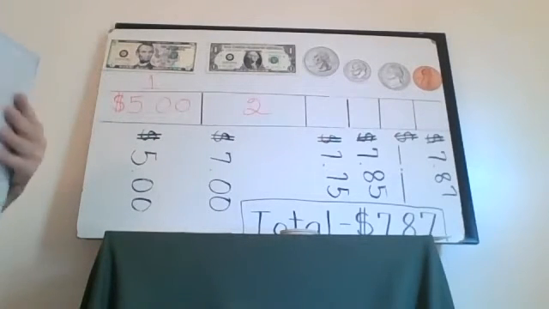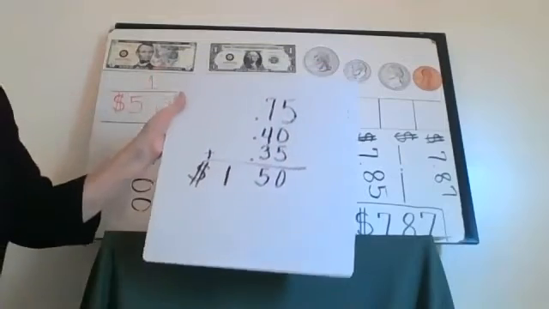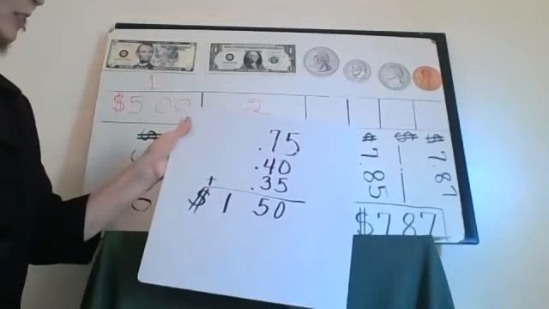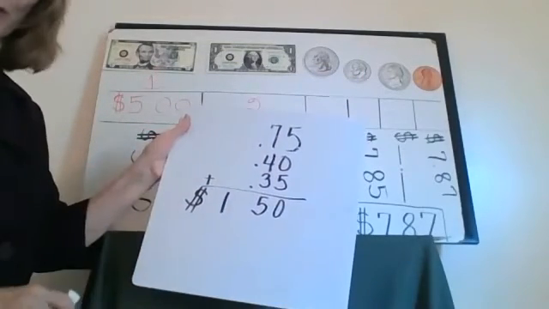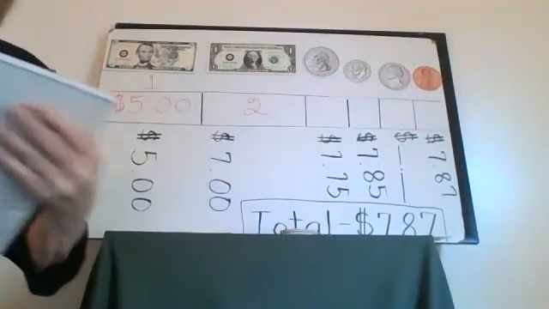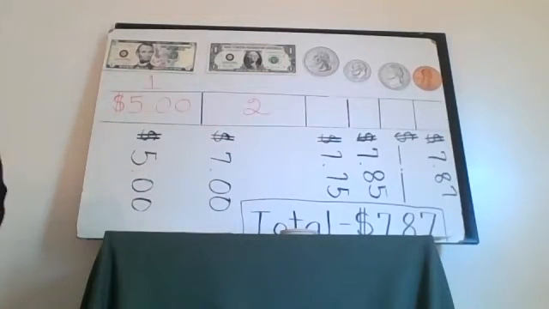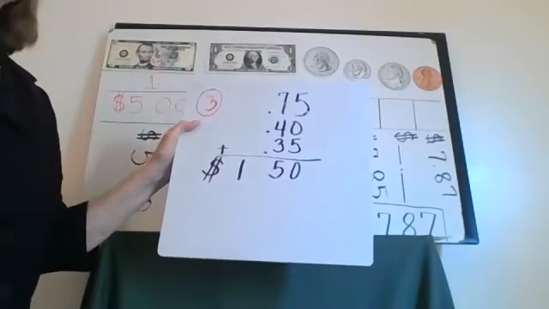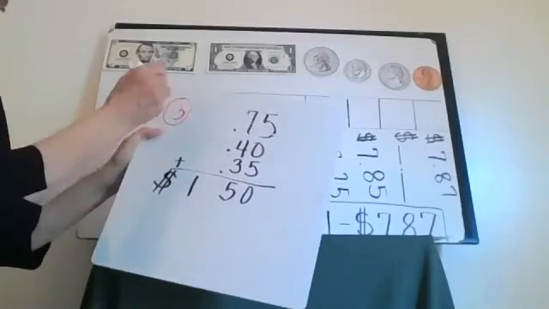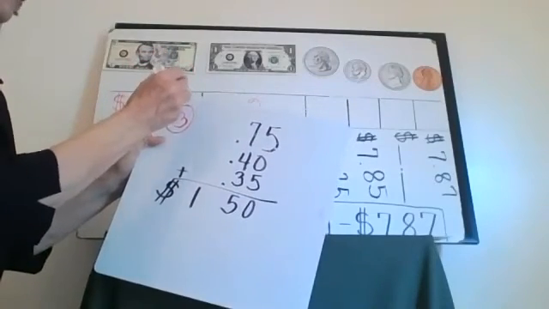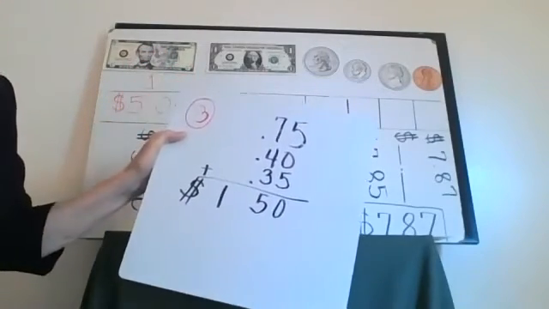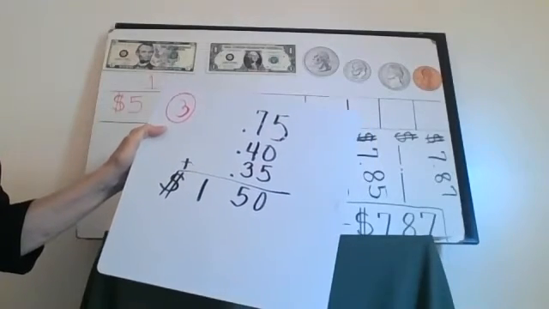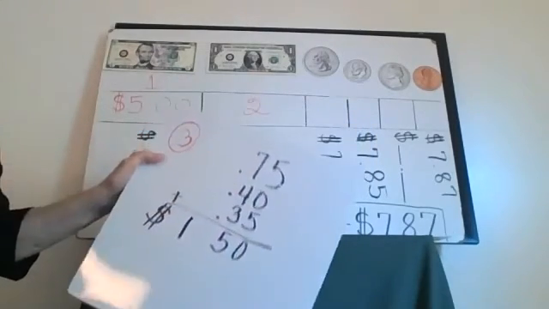When we were counting the money earlier, we had 75 cents. How many quarters did it take? Do you remember? Three. Okay, let's count by 25s again. 25, 50, 75. 3 quarters equals 75.